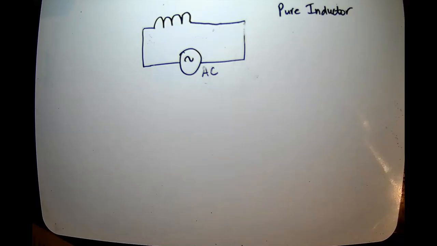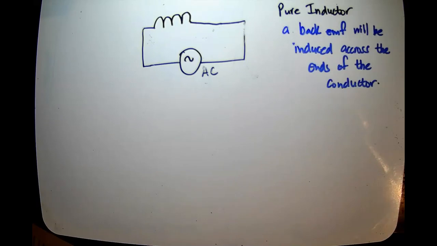Right, so now we're looking at a pure inductor. So with a pure inductor, there is a back EMF. And this back EMF will be induced across the ends of the conductor, right? So here's our phasor diagram, and the arrow here coming down in black, that's the back EMF.